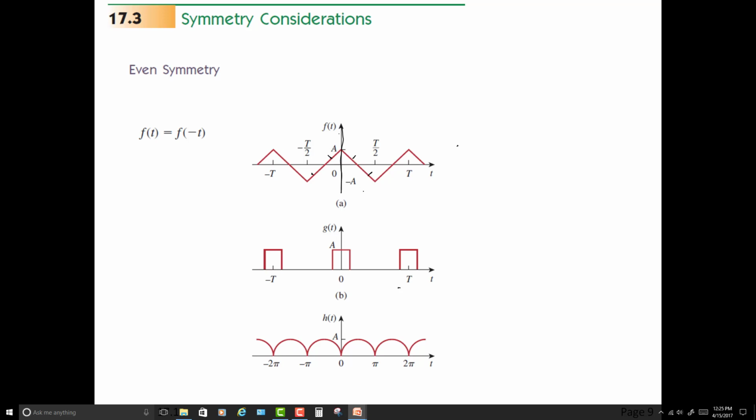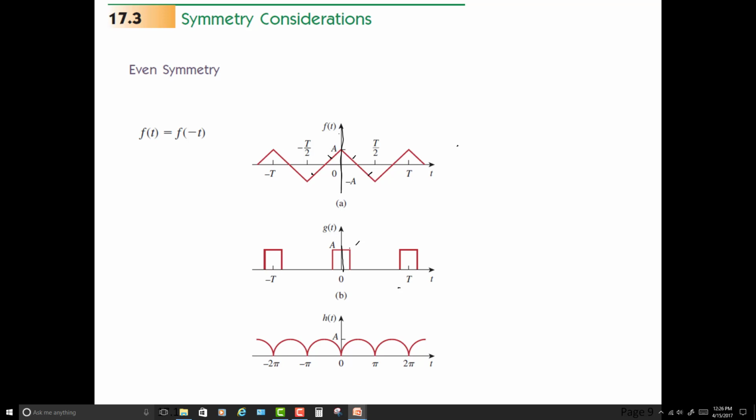Notice something else about this. Before we even leave this first picture, it kind of looks like a cosine, doesn't it? Now, this second one, which has the same symmetry, notice how that splits the positive part right down the middle.